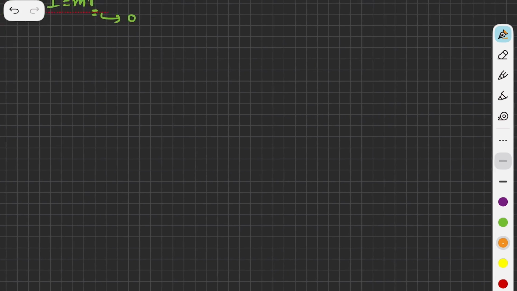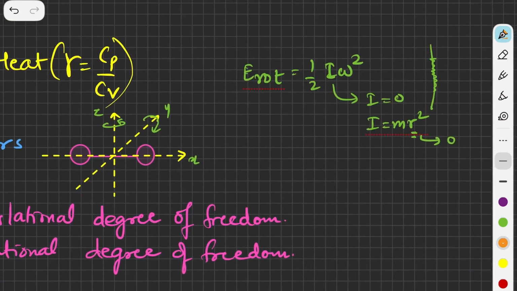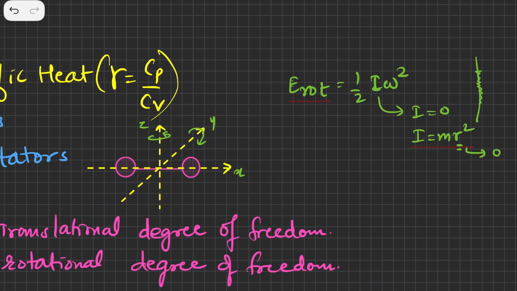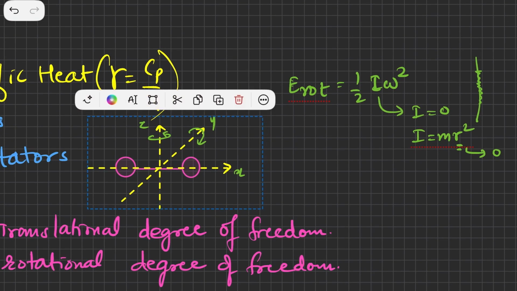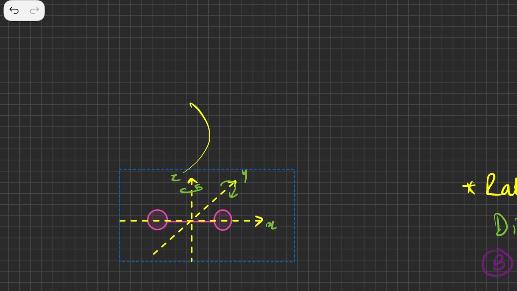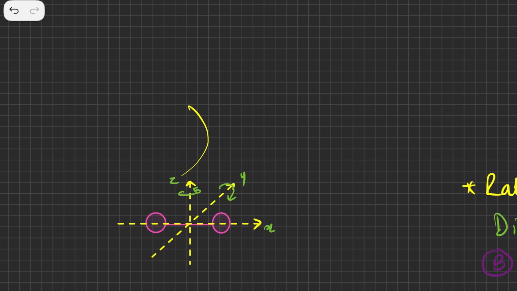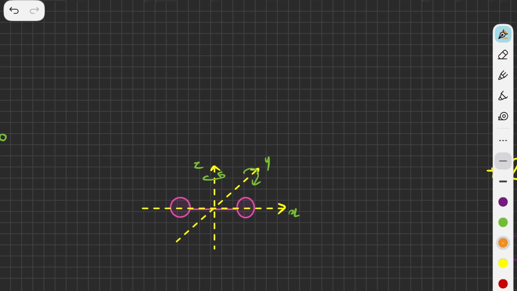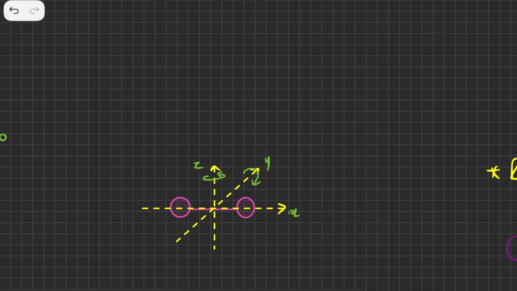Now you have seen this thing where this is the molecule. If you see, this molecule has 2 atoms, one atom here and the second atom here, and there is a bond in between.